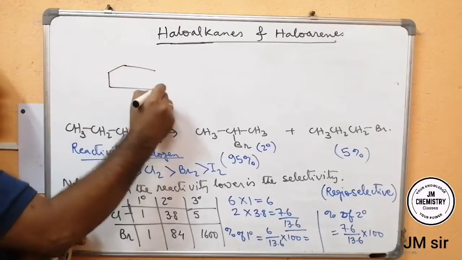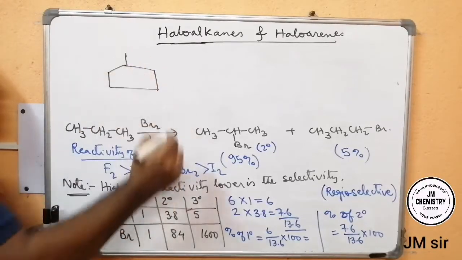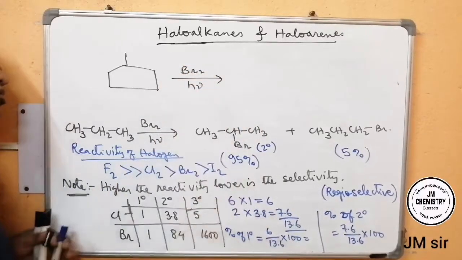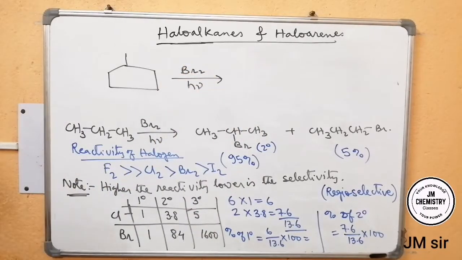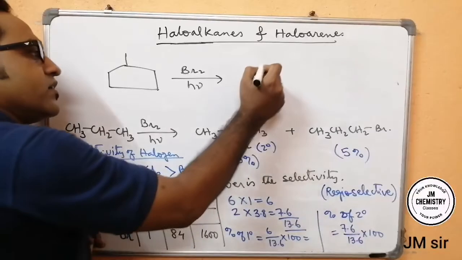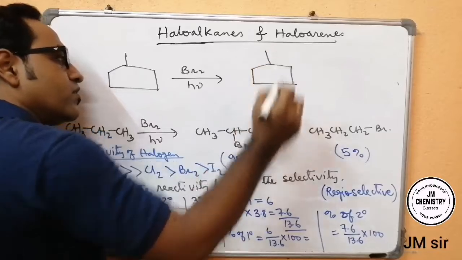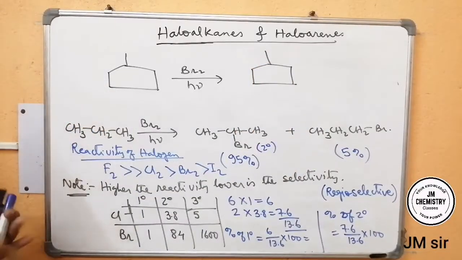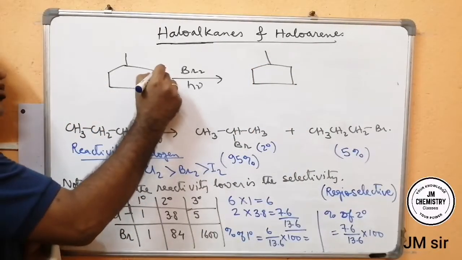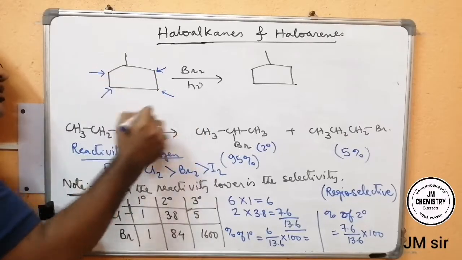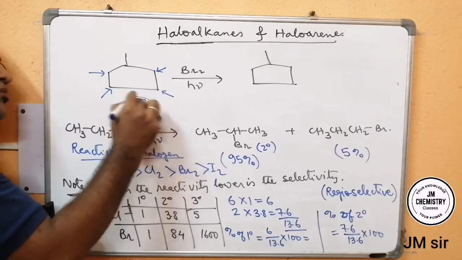So this compound is treated with bromine in presence of hν. What will be the major product? If the bromine comes at this position, this position, this position, all these positions, it will produce 2 degree product.